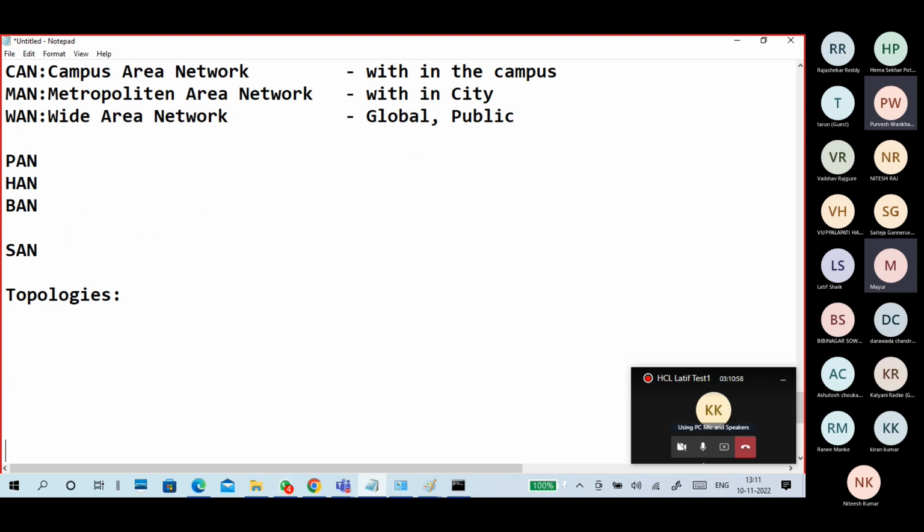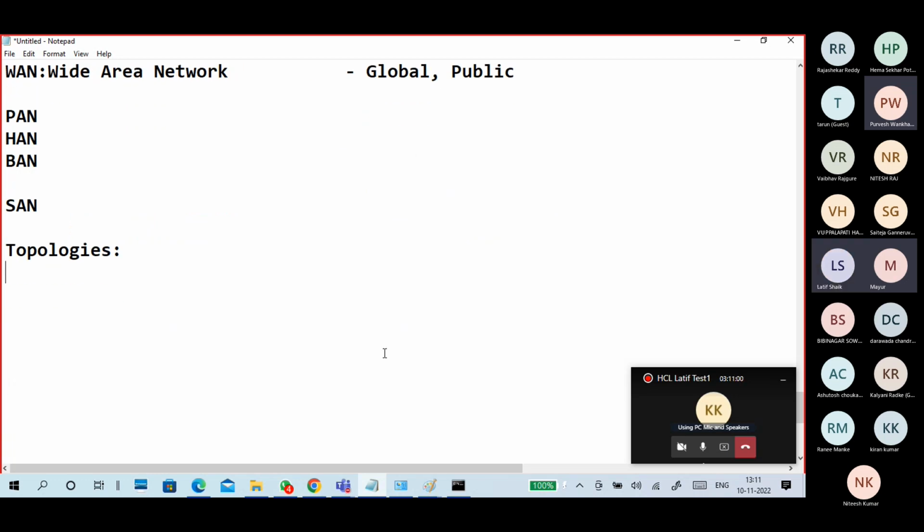Topologies. Physical topologies: bus, ring topology, mesh topology, and star topology, the main topologies.